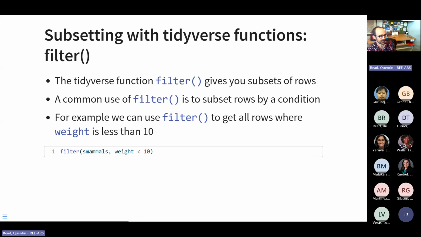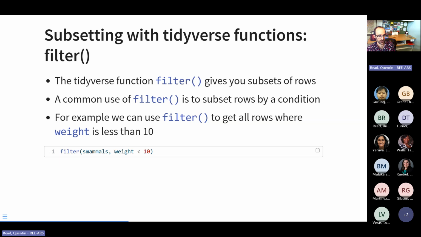So let's say we wanted to do an analysis on all rodents or whatever that weigh less than 10 grams. There's a weight column, and we can use the filter function to get all rows where weight is less than 10. So the filter function, the first argument is the name of the data frame we want to filter. The second argument is a condition that we want to filter by.